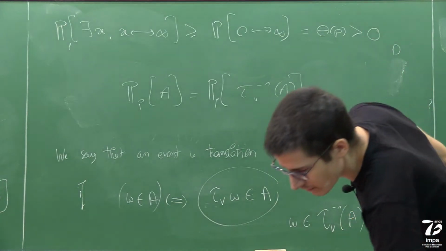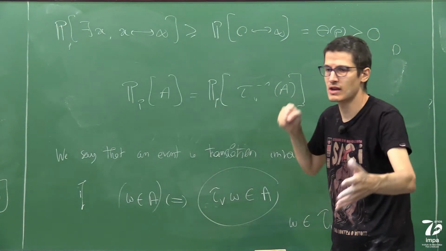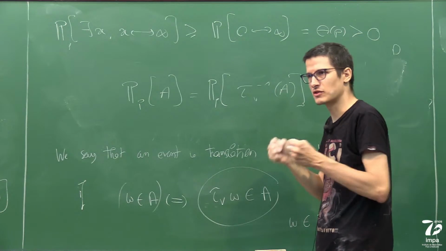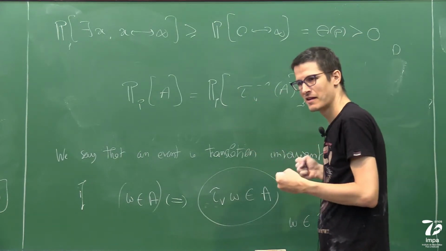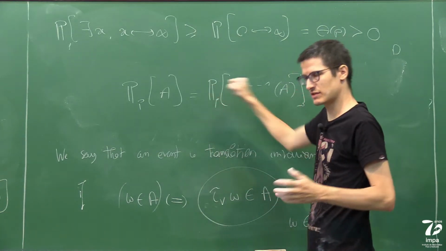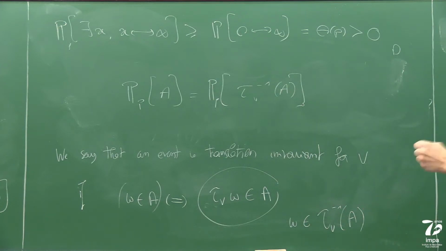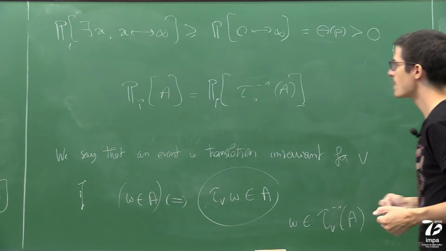If you remember, in measure theory you have a similar statement for Lebesgue measure. You have a translation operator on the line, and if you take the translation of a set, then you get the same measure. It's a similar statement here, except that our translations are a bit different.